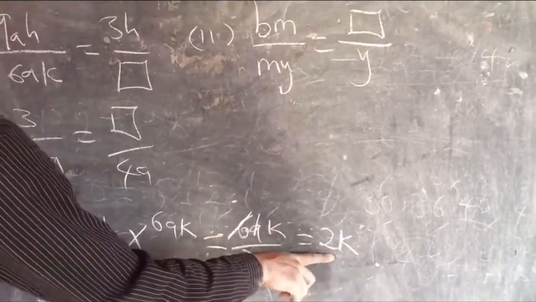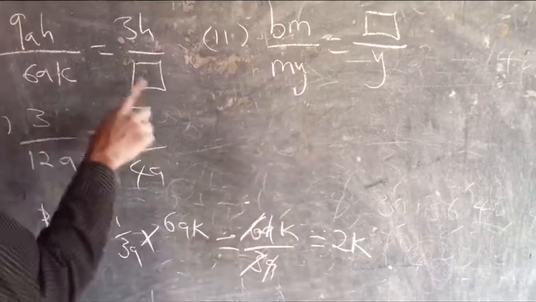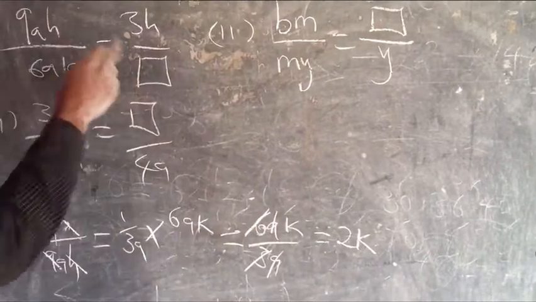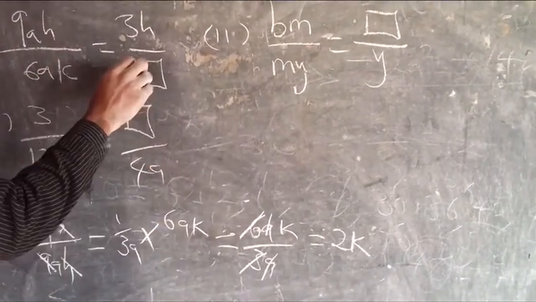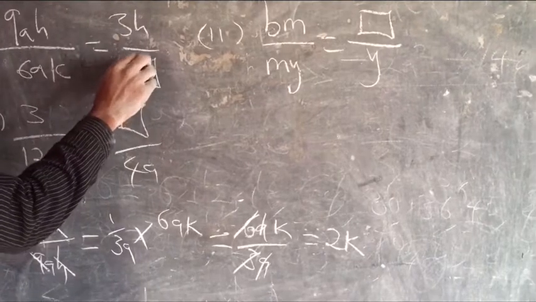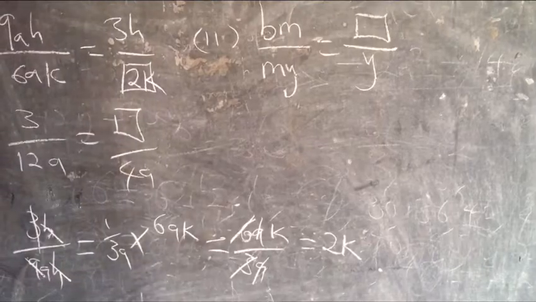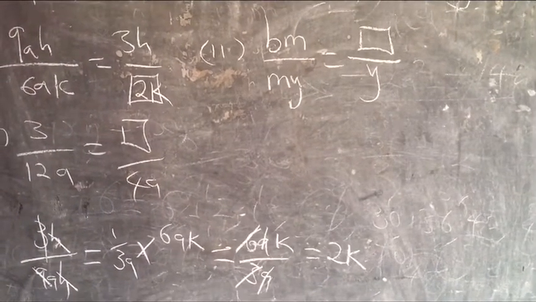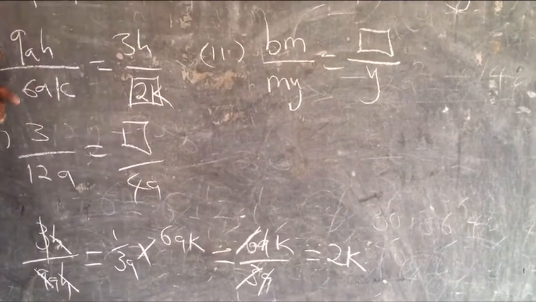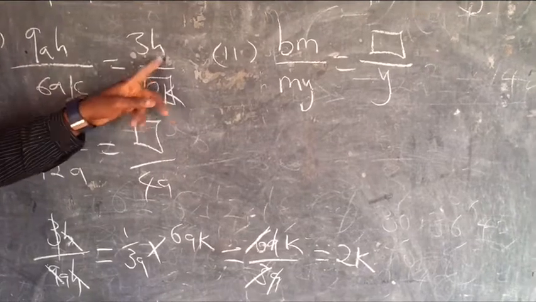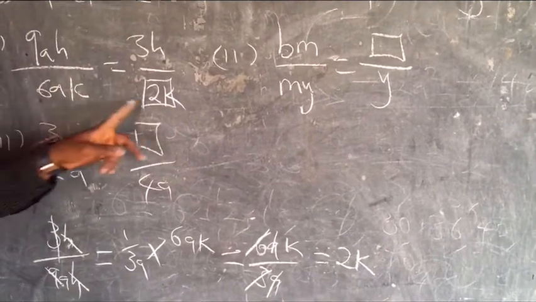So 2k is what we'll write down here. We'll get the same equivalent. So the equivalent now is 2k. So we can check it out. If we divide this one by 3a, we'll get 3h. We divide this one by 3a, we'll get 2k.